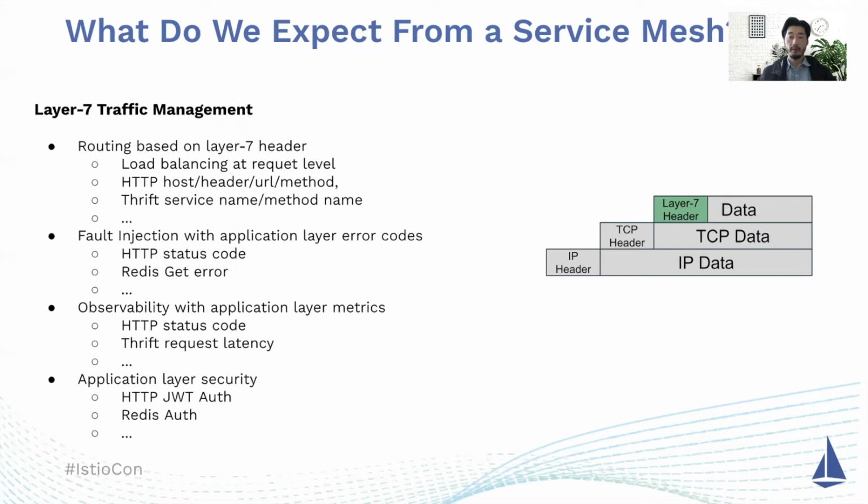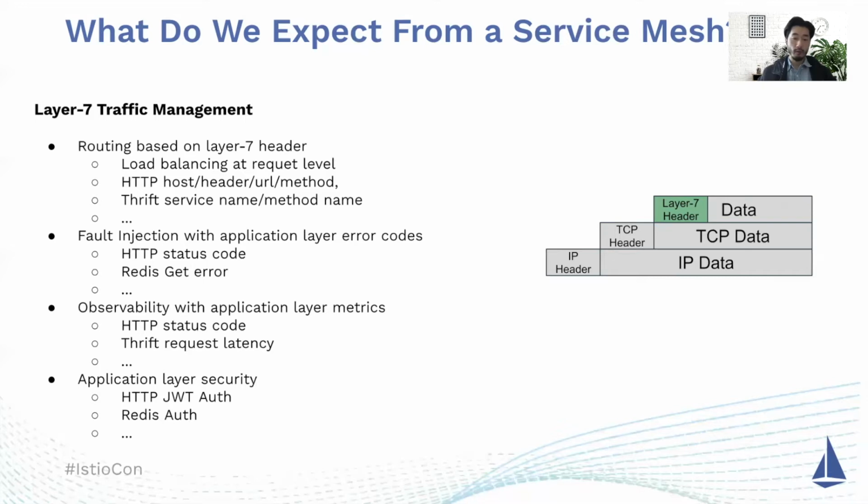So when applying the service mesh pattern in a microservice application, what do we expect from a service mesh? Ideally, we want to manage the traffic of all the protocols, RPC, messaging, cache, and database, in a consistent way in our service mesh, not just HTTP and gRPC. We want to distribute requests from one downstream connection to multiple upstreams, so we can balance the load among multiple service instances.